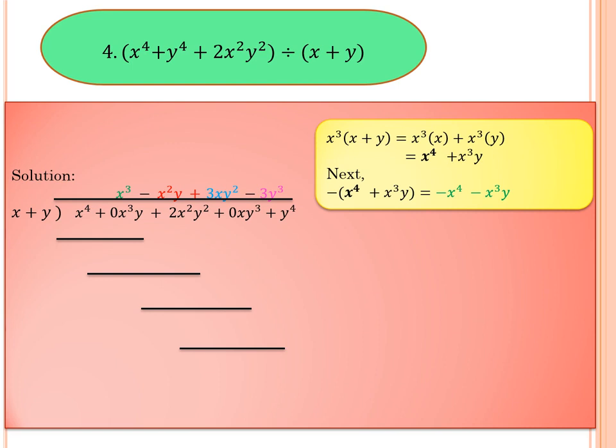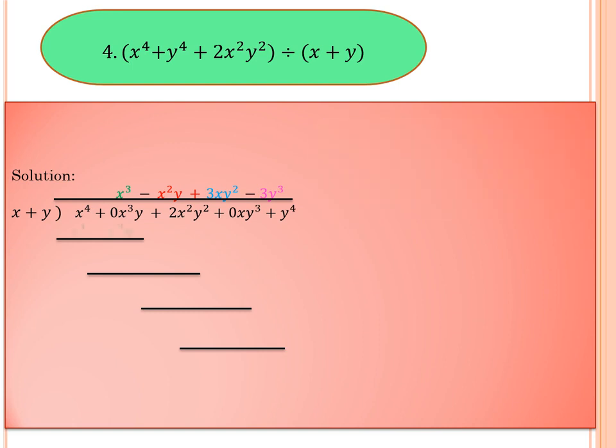So, itong nakukuha natin, this product, i-change natin yung sign niya since subtrahin siya for the next operation. Okay, so, we change the sign from x to the power of 4 to negative x to the power of 4 and from positive x cubed y to negative x cubed y.